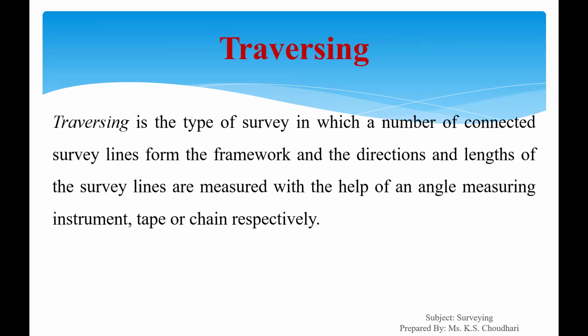Now, traversing. Traversing is the type of survey in which a number of connected survey lines form the framework, and the direction and length of survey lines are measured with the help of an angle measuring instrument and tape or chain respectively.